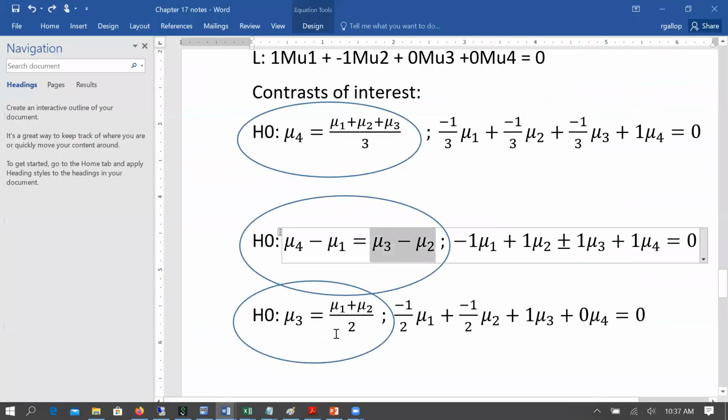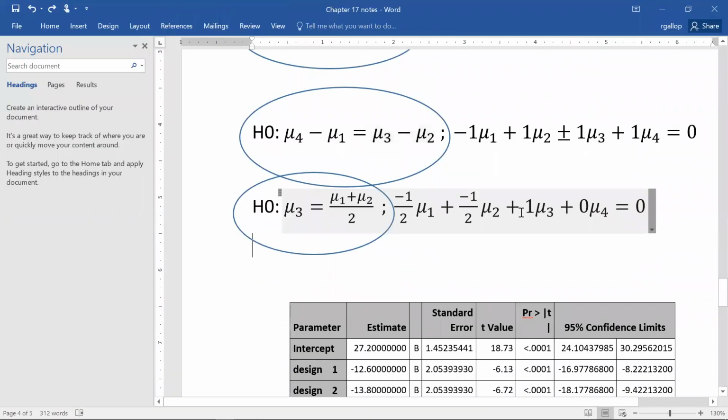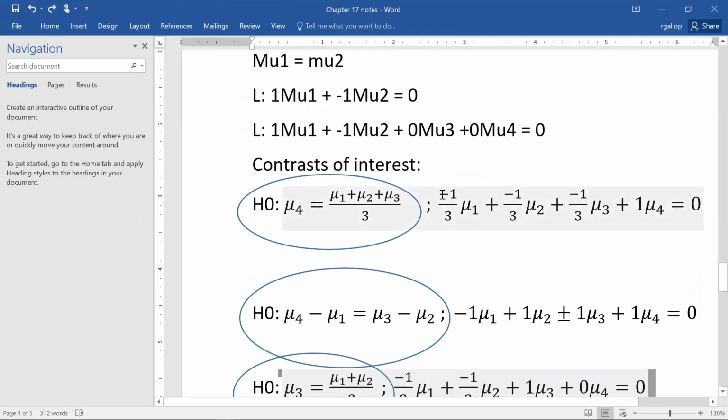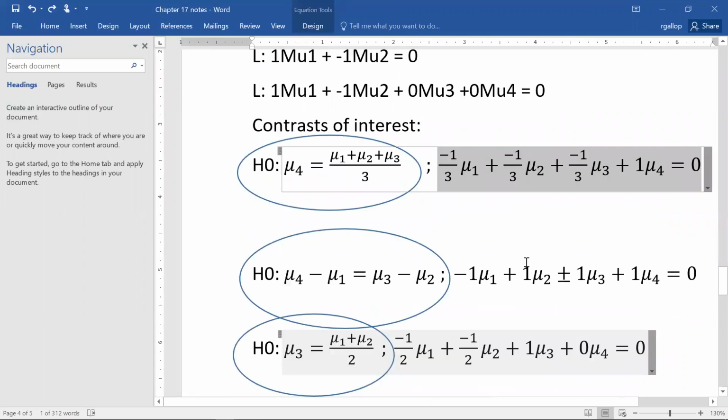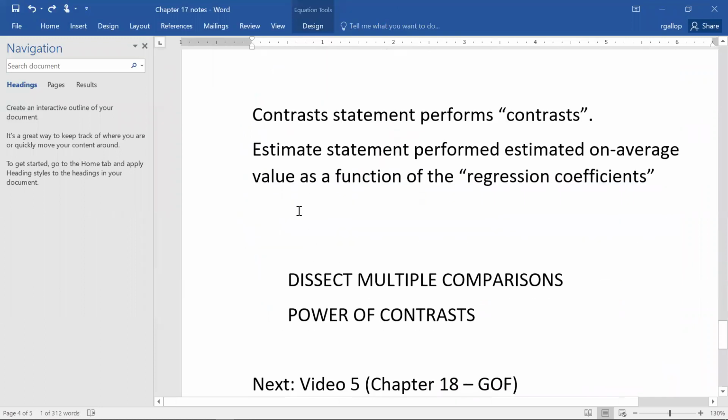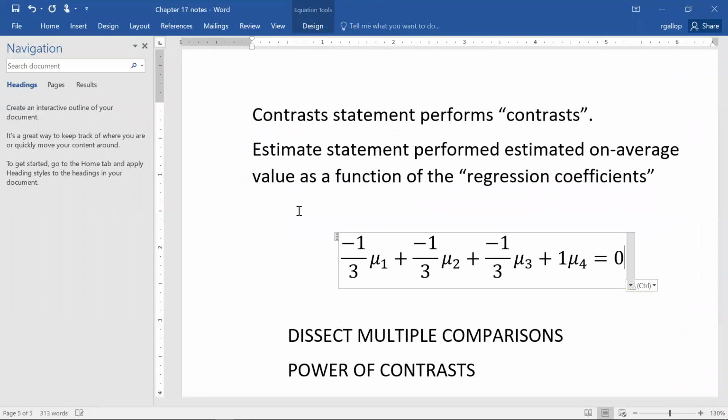Let me get back to our Word document. We go here to this first equation. Let me steal this component. If you look at this equation, that's the mathematical form of the equation.